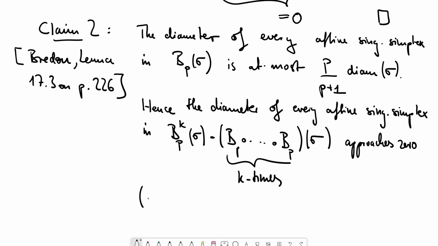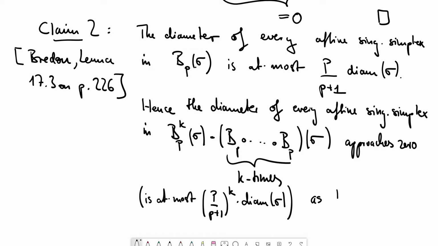And why? Well, this is at most p over p plus 1, which is smaller than 1, to the k, times the diameter of sigma. So it approaches 0 as k goes to infinity.